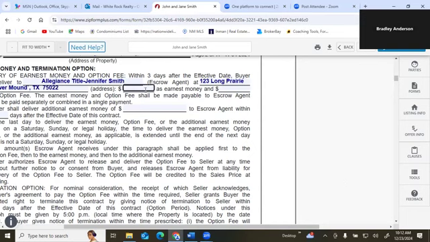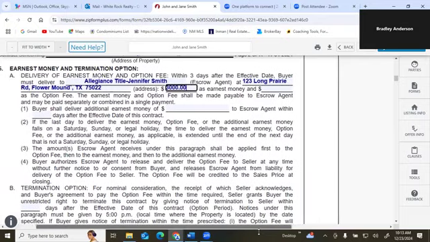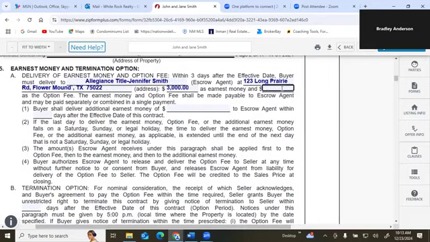Now, depending on the price, it could be typically 1% of the sales price or some other amount. So let's say it's $300,000, 1% would be $3,000. Okay. And then you're going to say, well, how much am I going to pay for an option fee?